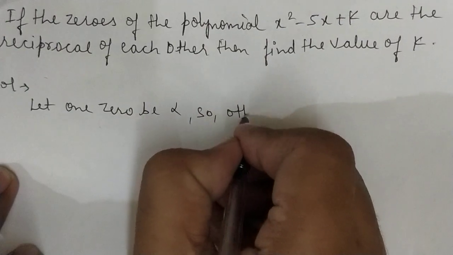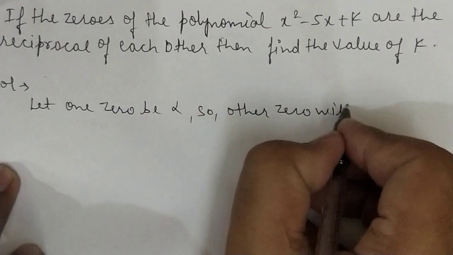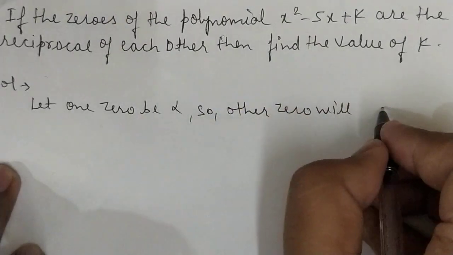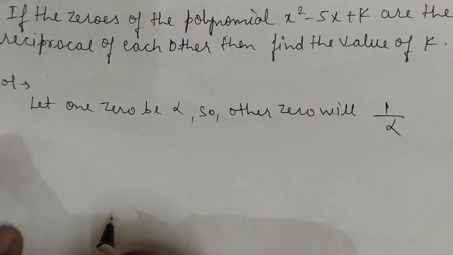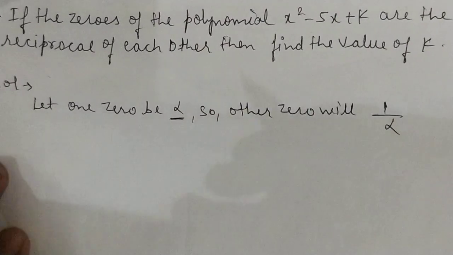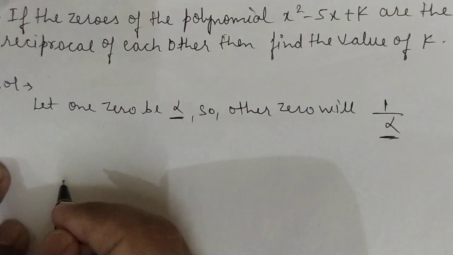So the other zero will be the reciprocal of it. Reciprocal means 1 upon alpha. Is this clear? So one zero is alpha and the second zero is 1 upon alpha.